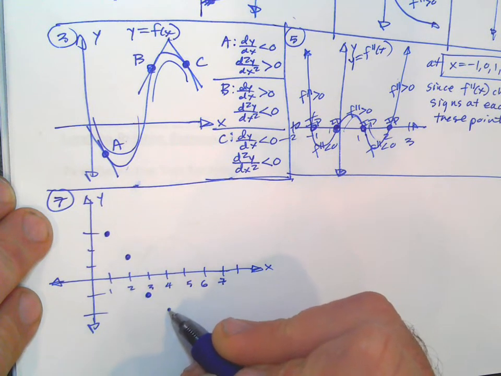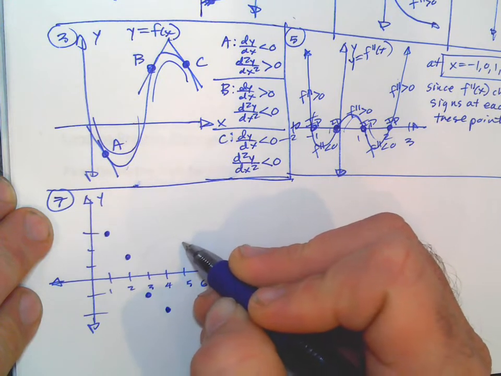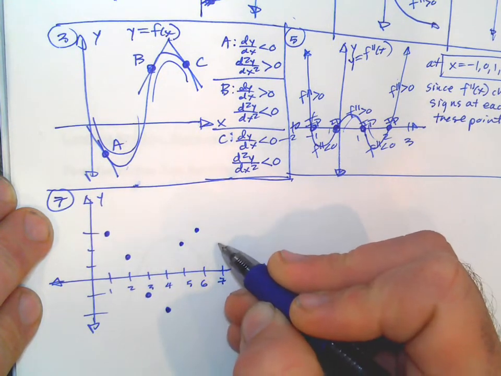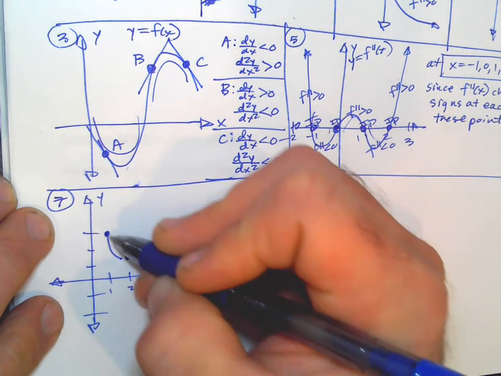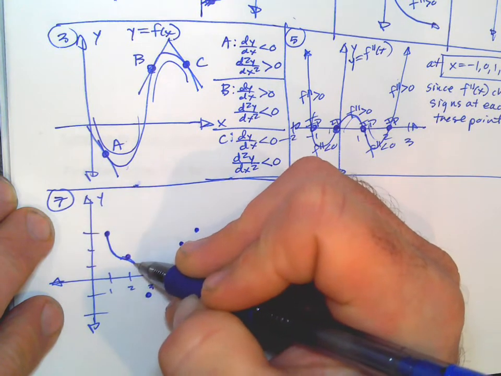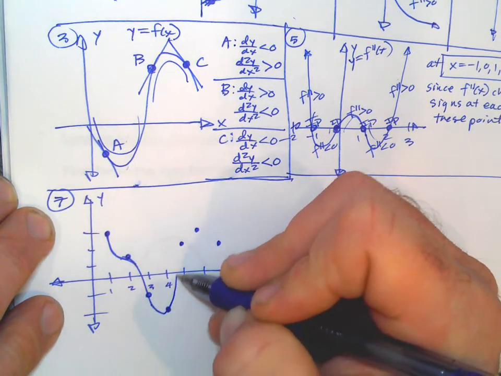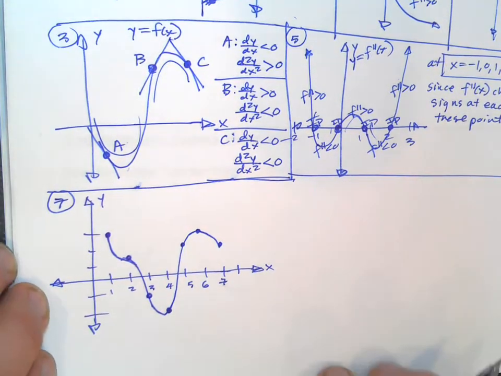So there's usually a point lined up with each of the x values here. I'm just trying to do a quick sketch of this. Something like this, and it kind of looks like that.